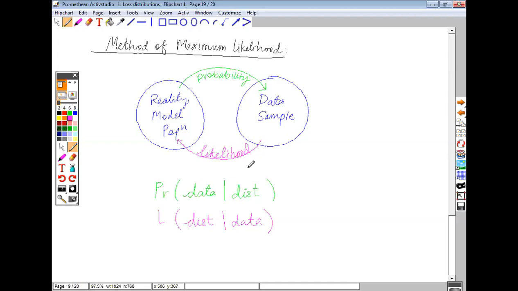Not that those CEOs would understand this subtle difference between probability and likelihood. For them, it would be the same. And whenever I'm talking about probability and likelihood, these terms are loosely interchangeable. You can use them instead of one another, but you do know that there is some sort of deeper distinction between these two concepts that we are studying.